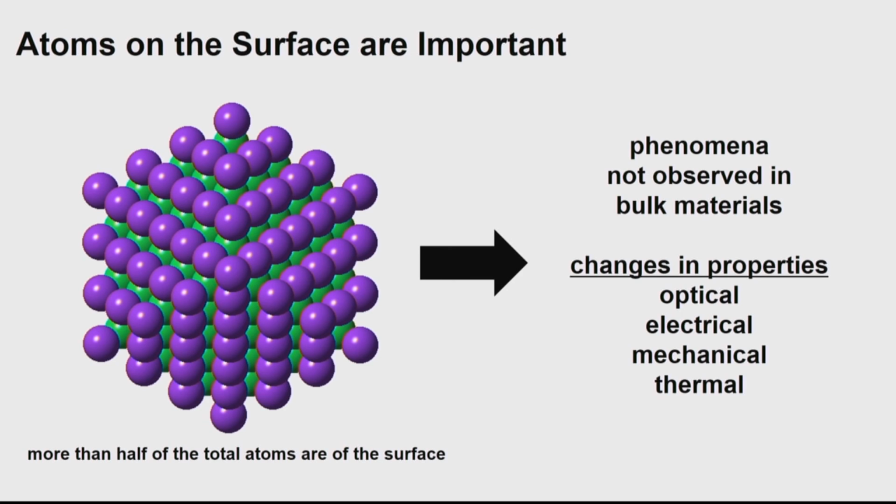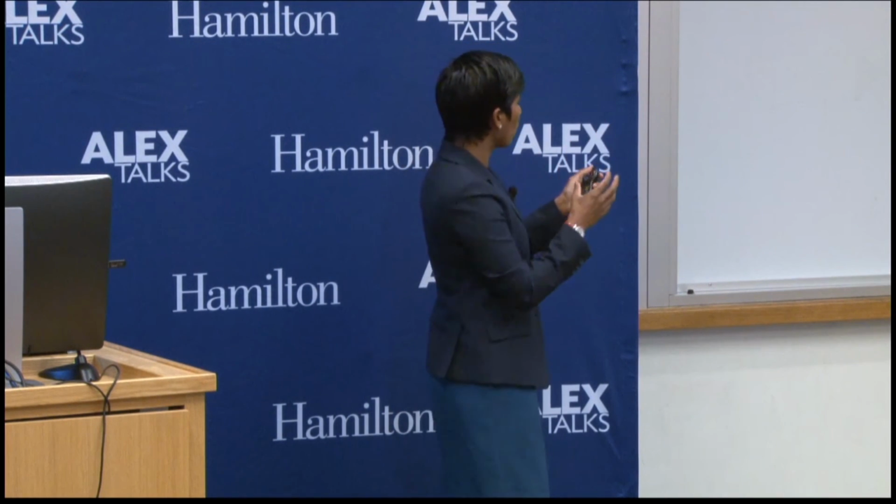And that's where the magic happens, and that's really where things change. Properties change. You start to see things that you don't see on what we call the bulk scale. That's like bigger things that are bigger than the nanoscale. So you start to see different colors, different optical properties, new mechanical properties, thermal properties. Really, the possibilities are endless because it's all about what's happening on the surface here.